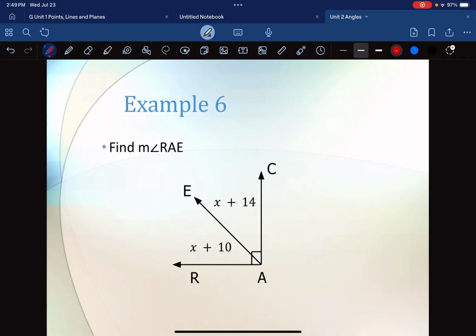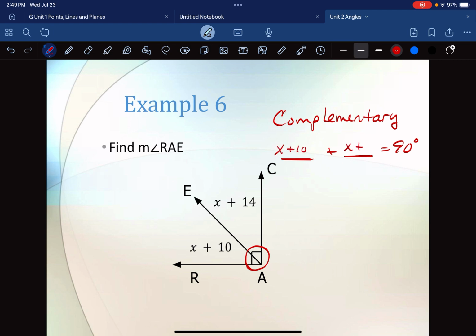Very few words. And all I need is to recognize this mark means that those 2 angles are complementary, which means they add up to 90. So I know x plus 10 plus x plus 14 equals 90. So x and x, that's 2x. 10 and 14 is 24.